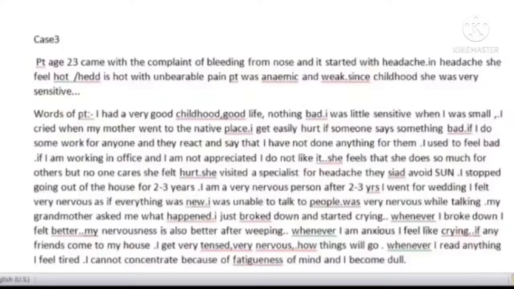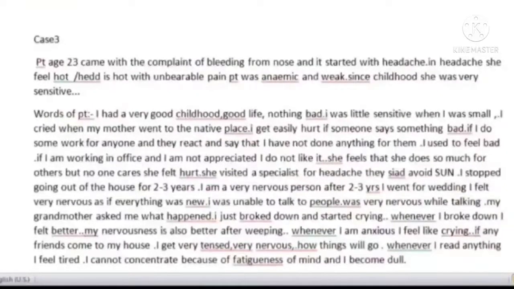So in this case, you will see an oversensitive person who avoided going out for 2 to 3 years, and when she came out, she was very nervous, and that nervousness has led her to feel everything is new. You will find that delusion, everything is strange, and she was very anxious and was unable to talk.